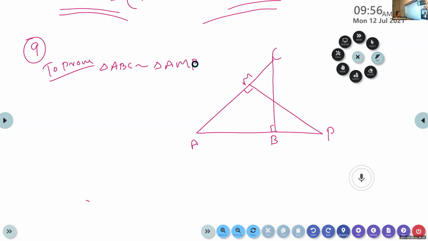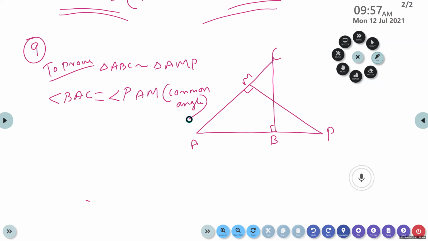Angle A equal to angle A, very good. It's a common angle. So we can write angle BAC equal to angle PAM, common angle. Good. Angle B equal to 90 degrees, yes.